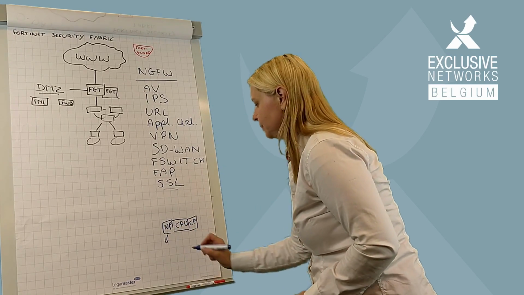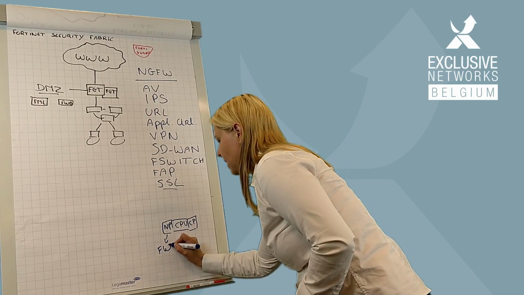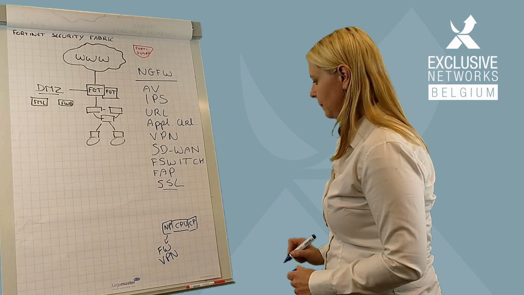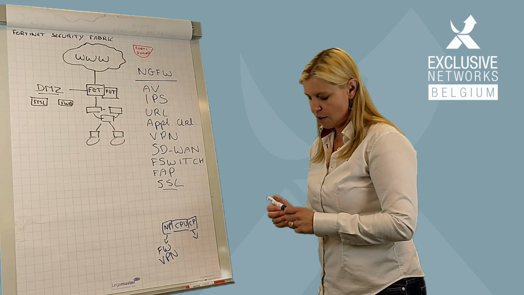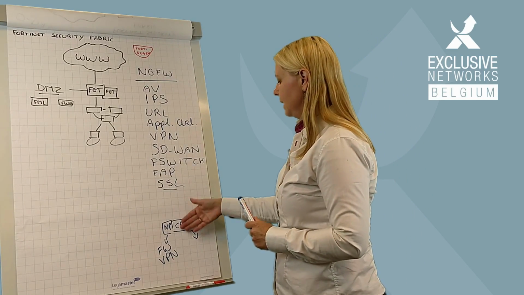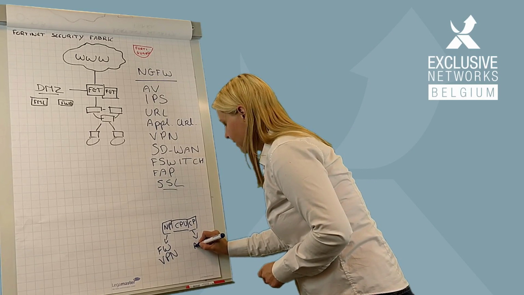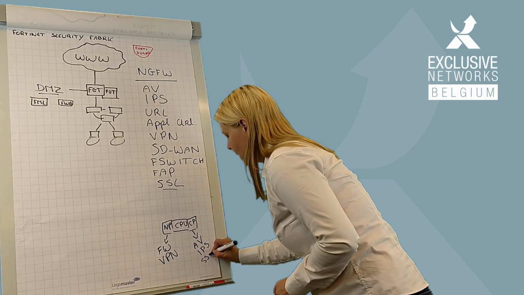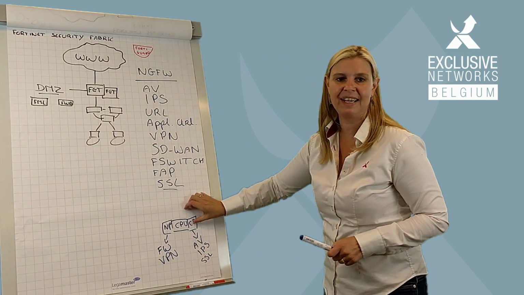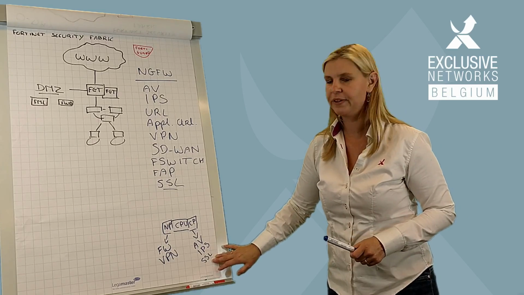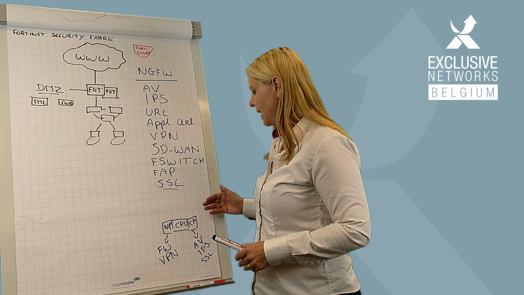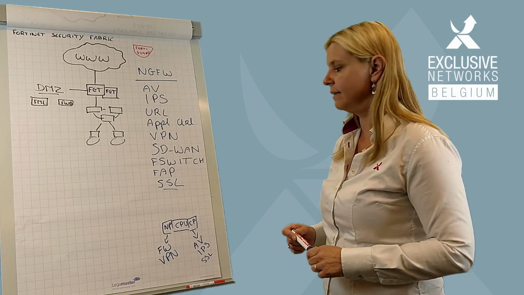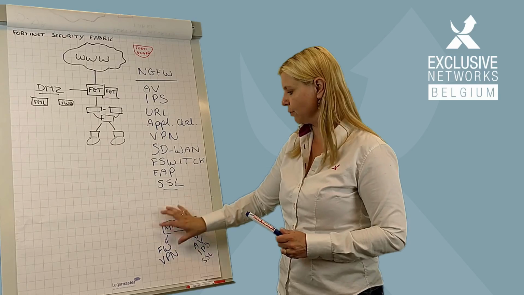The network processor inspects firewall and does VPN. The content processor, however, is used for our AV inspection, our IPS inspection, and SSL inspection. So we have really dedicated processors to do that content inspection. That means we can have really good performance at an affordable price. And that is really a unique point of Fortinet.